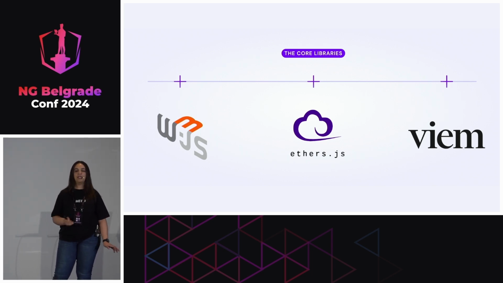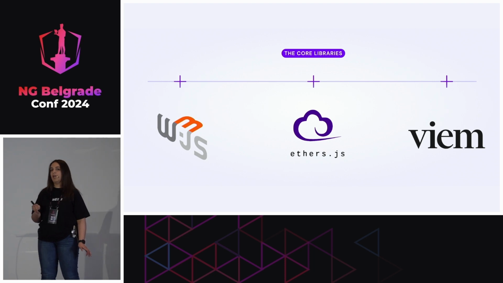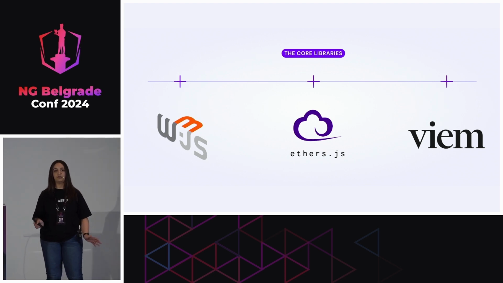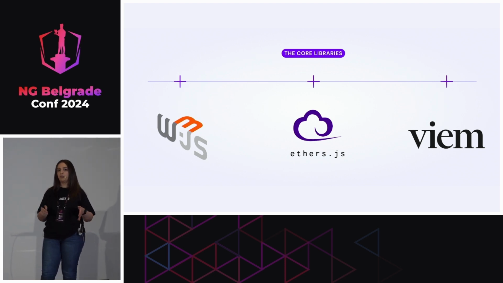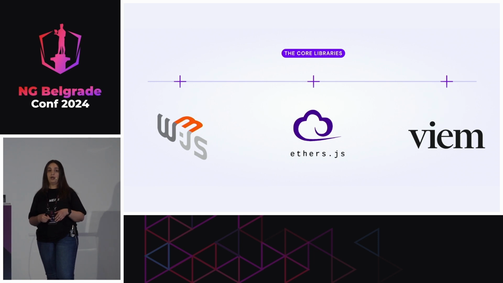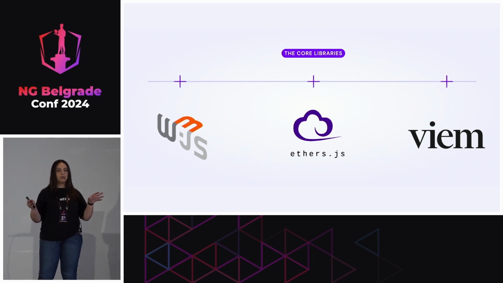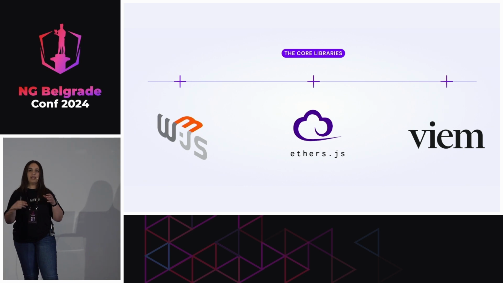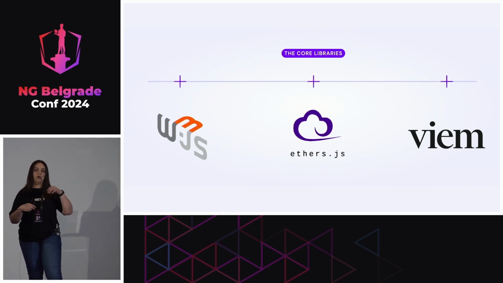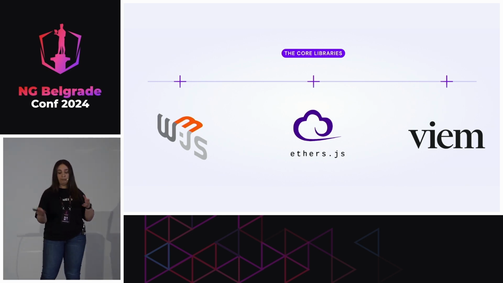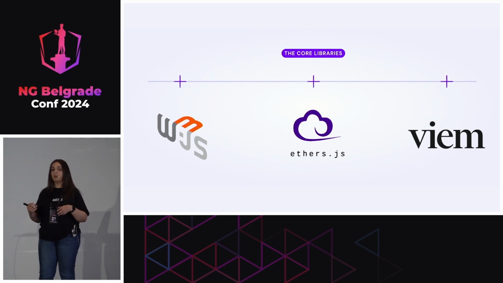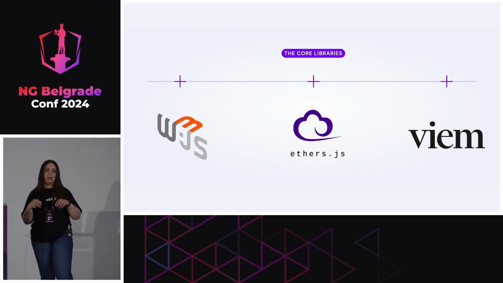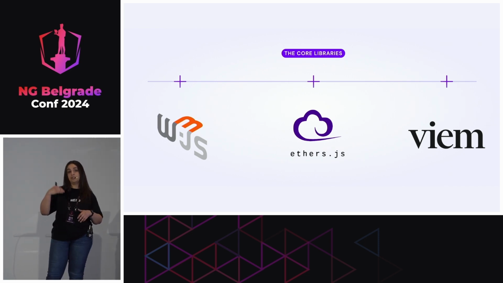Now it is still the most used one, and I think that more than 90% of the projects right now are built using Ether.js. There are multiple other Web3 libraries, but they are all built on top of Ether.js. So if you are using a project, you need to know about this library first before using something that is built on top.